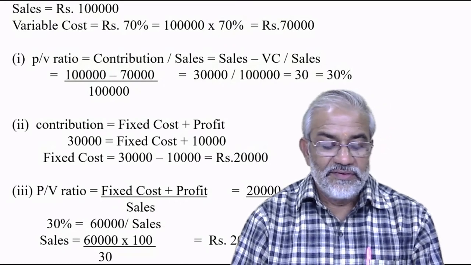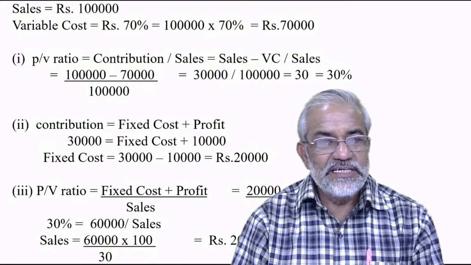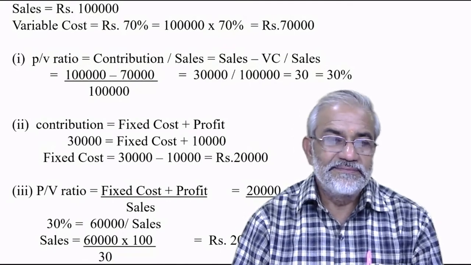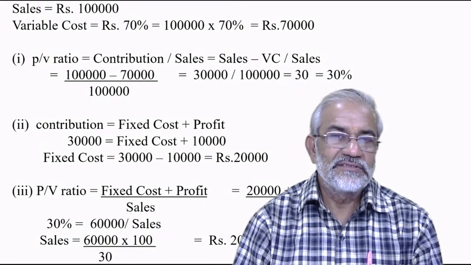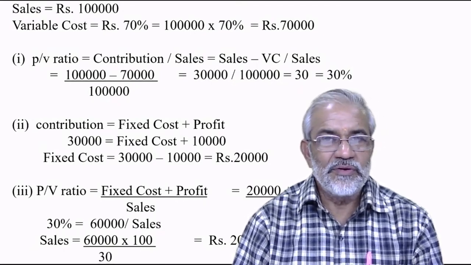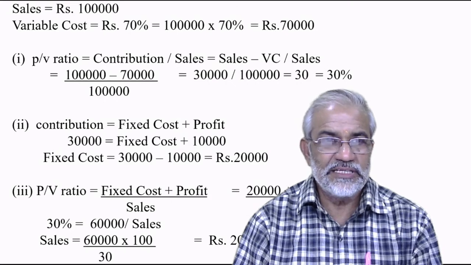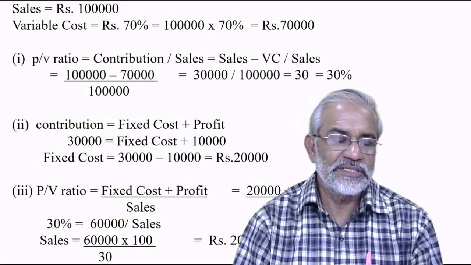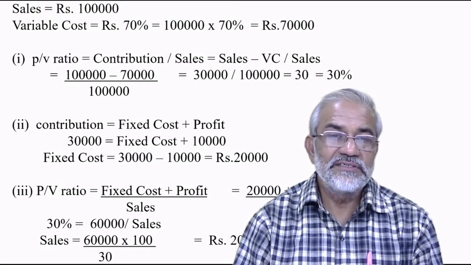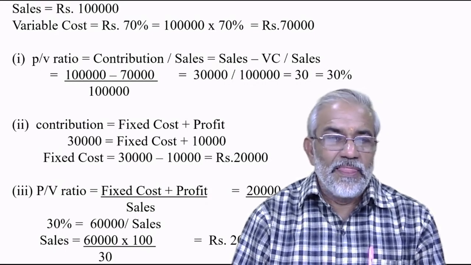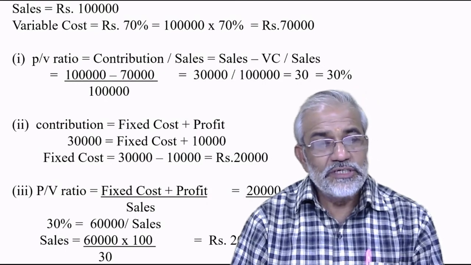Secondly, contribution is equal to fixed cost plus profit. 30,000 is the contribution, because when the variable cost is 70,000, the contribution would be 30,000. Profit as given here is 10,000. So fixed cost plus profit, that is also contribution.